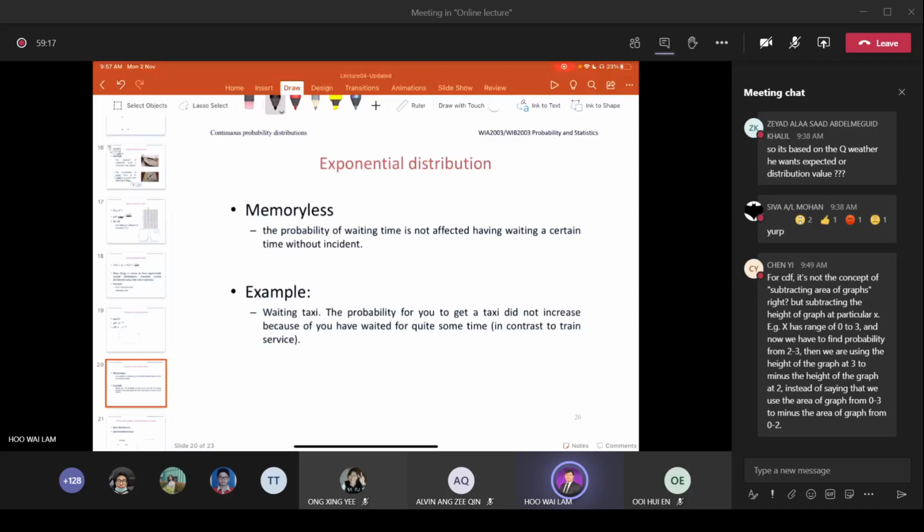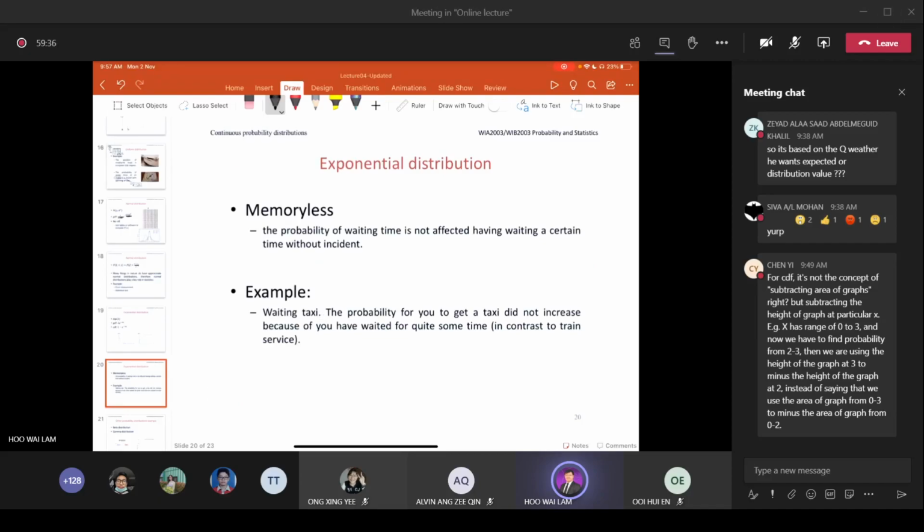But for exponential distribution, the way that they design the distribution is a waiting taxi scenario. Because the taxi has no schedule at all, it is based on really a random chance that the taxi is going to come.